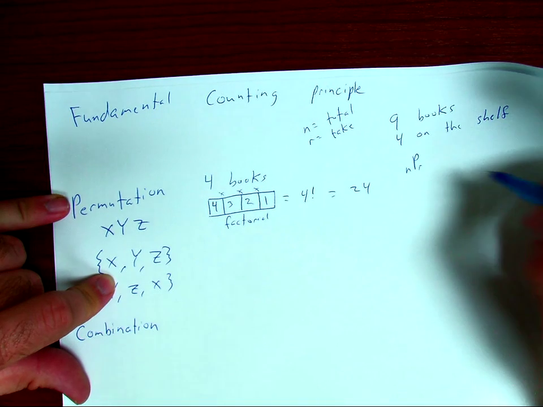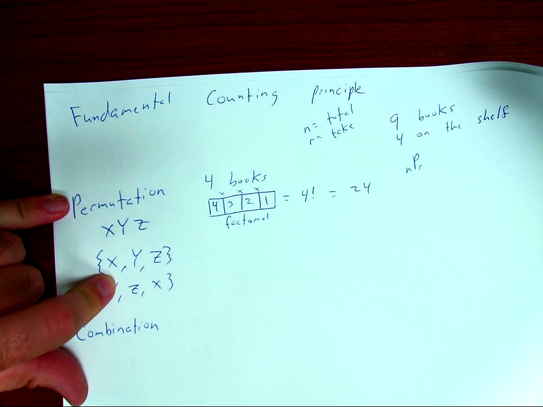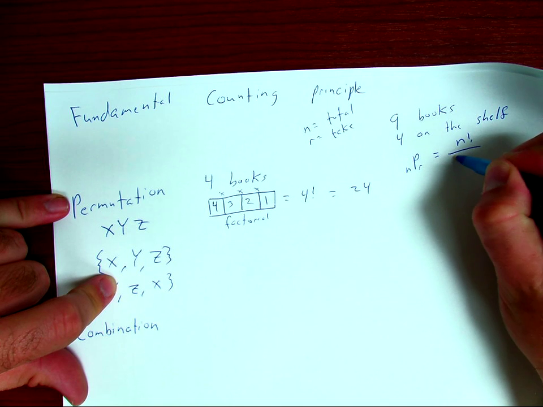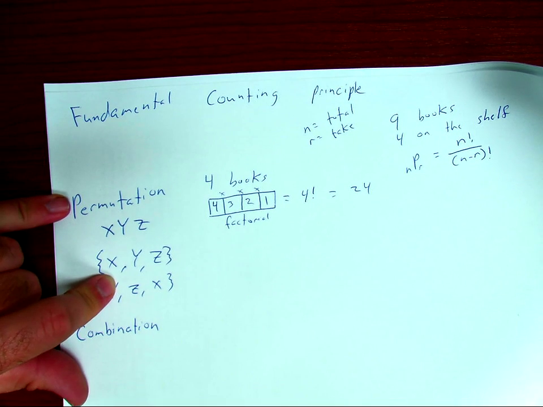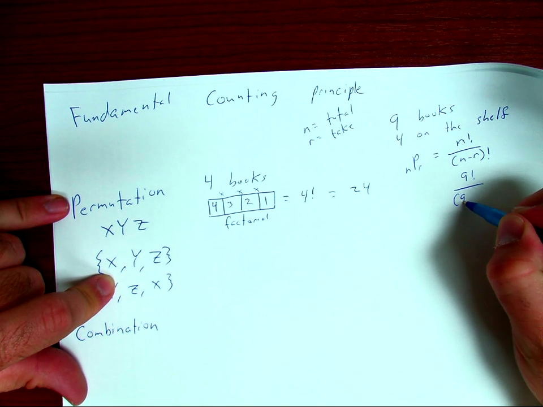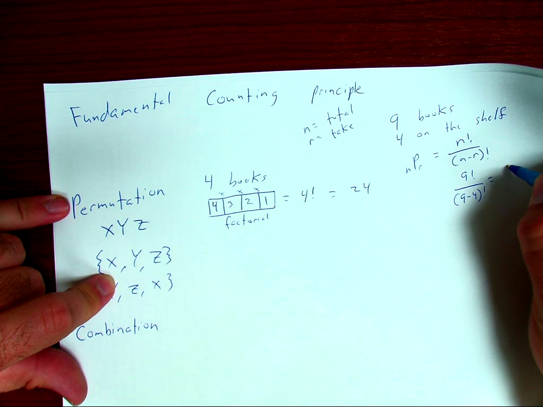So for example, I have a total number of 9 books. Now I'm taking them 4 at a time. And this form is n factorial over n minus r factorial. So we're just going to plug that in: 9 factorial over 9 minus 4 factorial, which is going to work out to 9 factorial over 5 factorial.